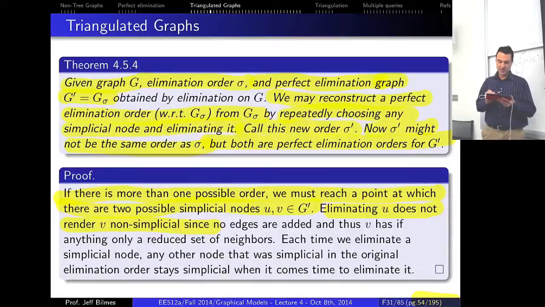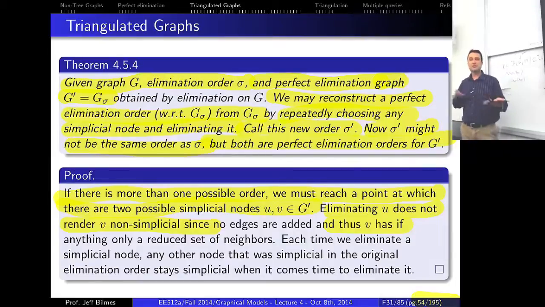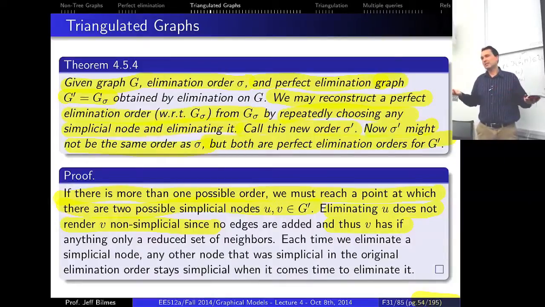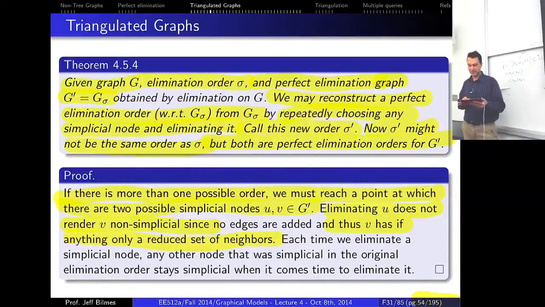And if no new edges are added, then v either has the same set of neighbors or a reduced set of neighbors. If u was one of its neighbors, it would have a reduced set of neighbors. If it's a completely different set of neighbors, it would have the same set. But it certainly isn't rendering v non-simplicial.